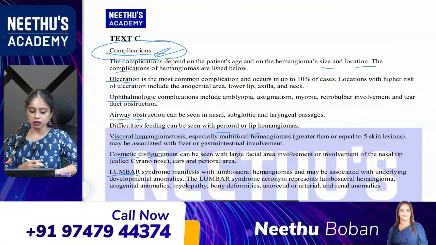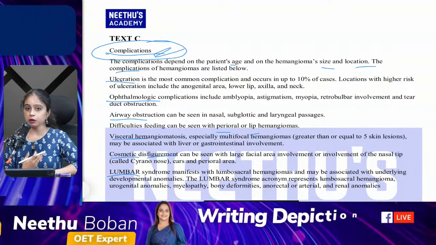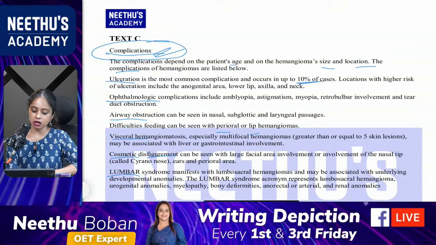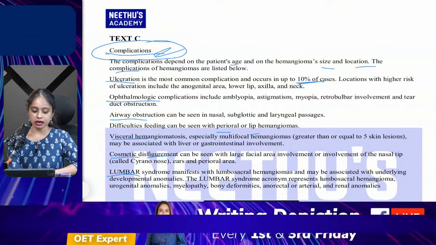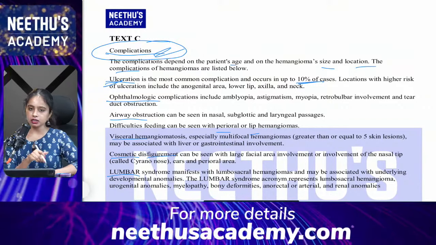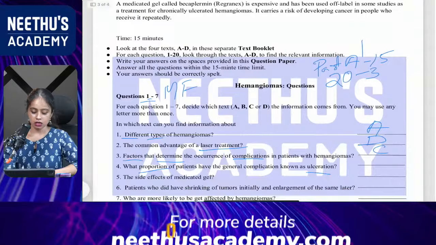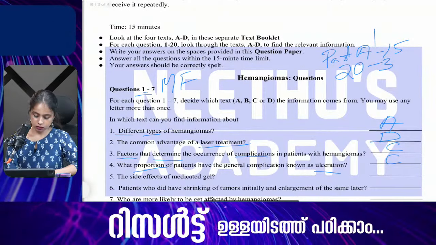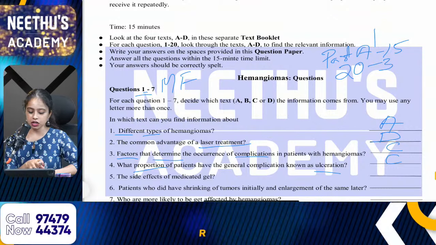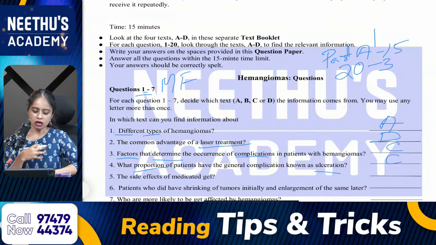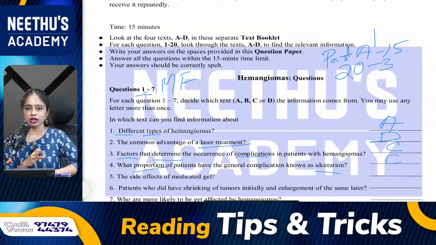What about the next keyword? It is all about proportion, so 10% is a proportion. Then ulceration is another keyword. So that answer is from text C. Don't waste your time when locating this. If you have these keywords with you, you can locate the answers very fast.